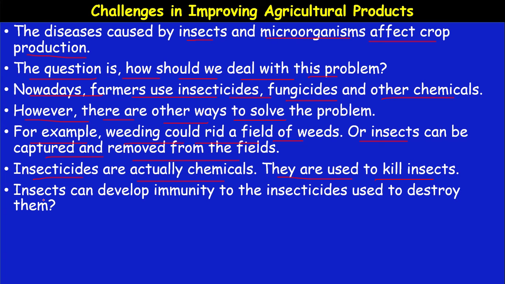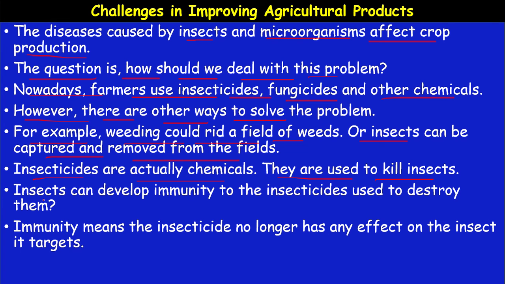So, there are certain chemicals like chloropyrifos, malathion, lindane, dimethoate, and metosistox. These are very dreadful chemicals which are used as insecticides. So, insects can develop immunity if we use the same insecticide to destroy them continuously. Okay. They develop resistance. The immunity means the insecticide no longer has any effect on that insect.